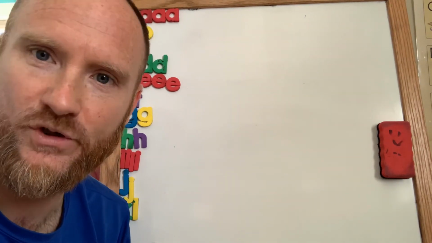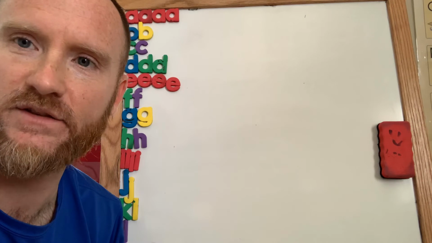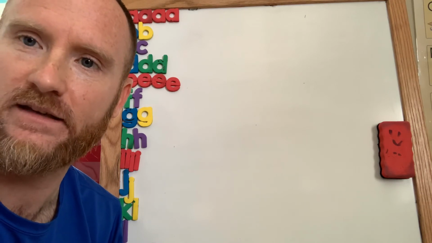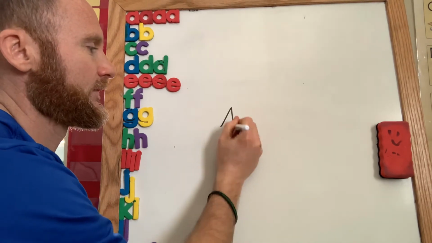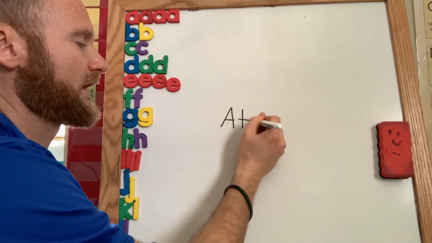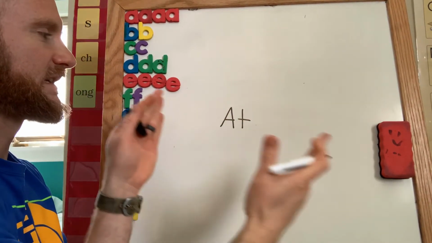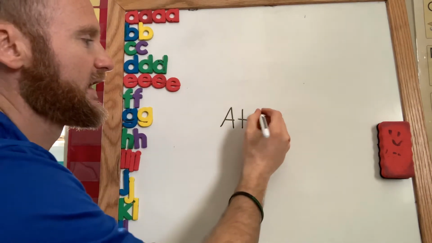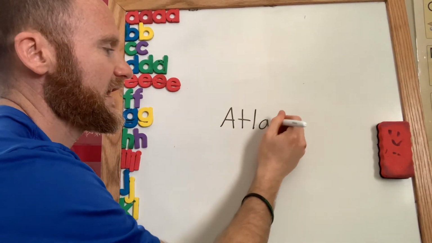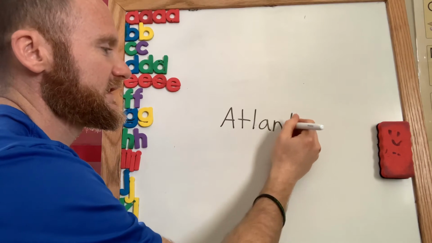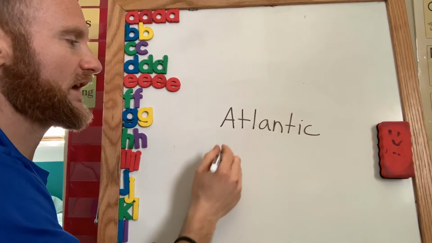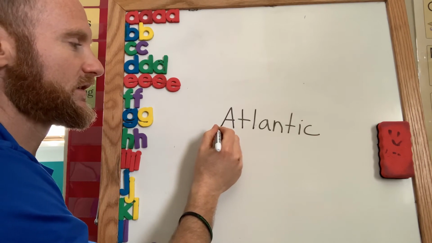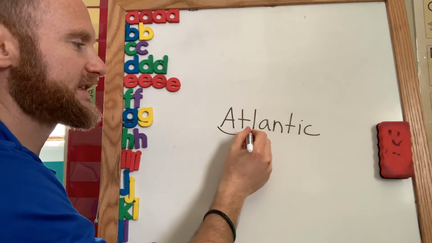Atlantic. Okay, I'm going to try to really pronounce all those sounds. All right. Clap it, tap it, pause it, and you try. Atlantic. Remember, it's not the CK, okay? Then we're going to do all our syllables.